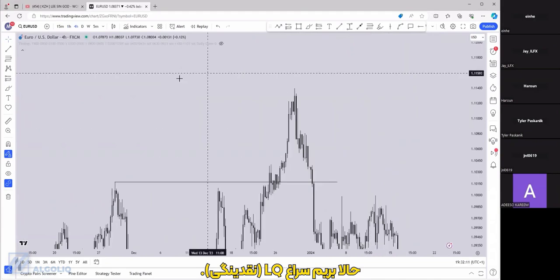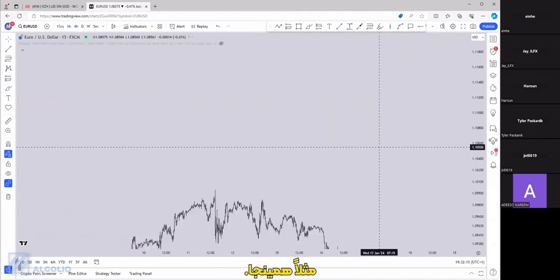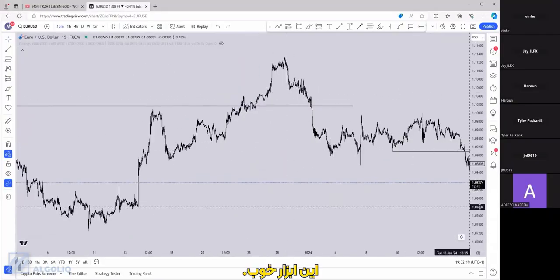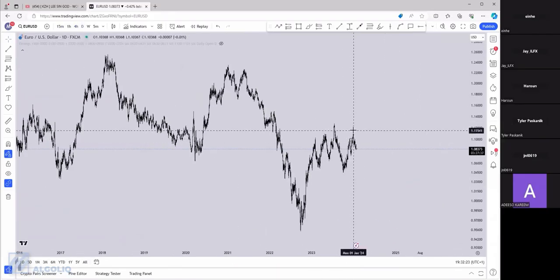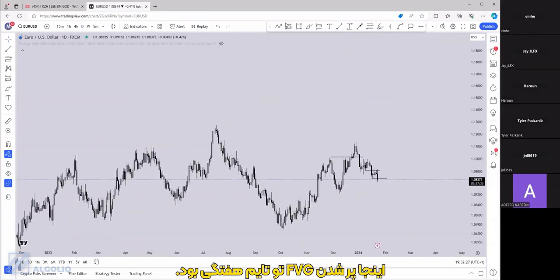And now let's go to the ILQ. So for example here, it's fine too. Let's backtest this week. The top of this. So now we all know why we sold here, right? This was FVG fill on weekly.